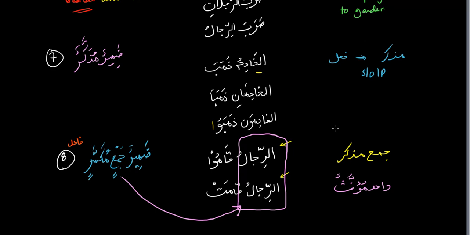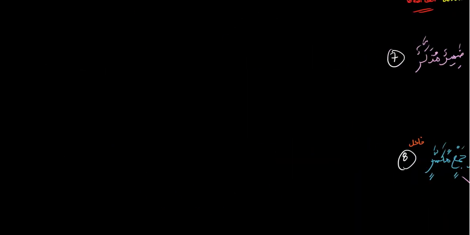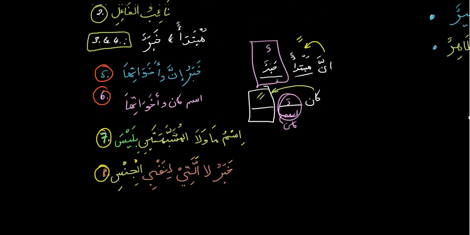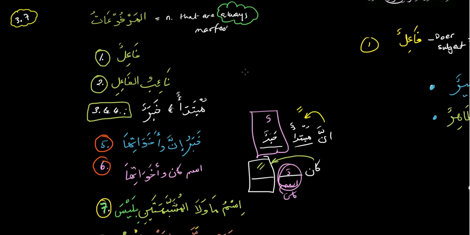So that's this section. Let's review what we have learned. I didn't think it was as bad as the last section, but definitely some stuff to learn. This is the first part of al-marfu'at, nouns that are always marfu.